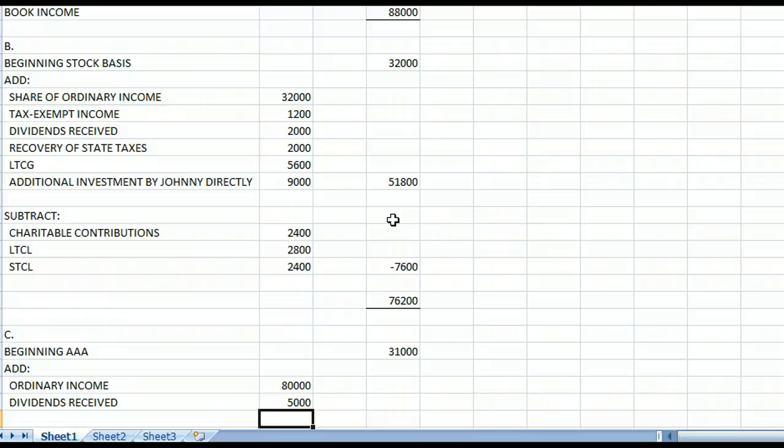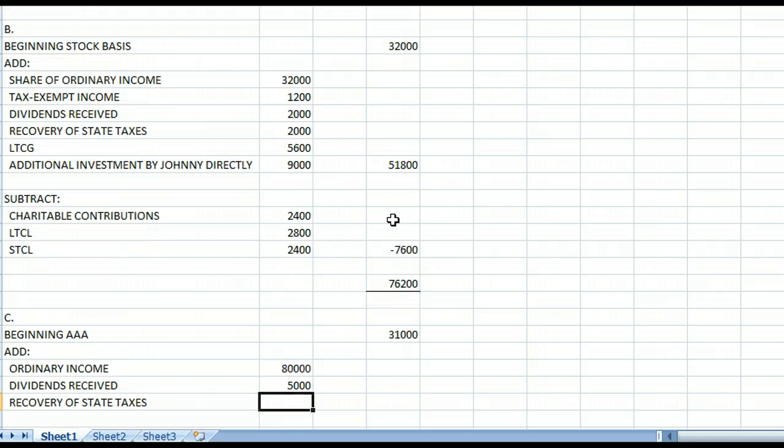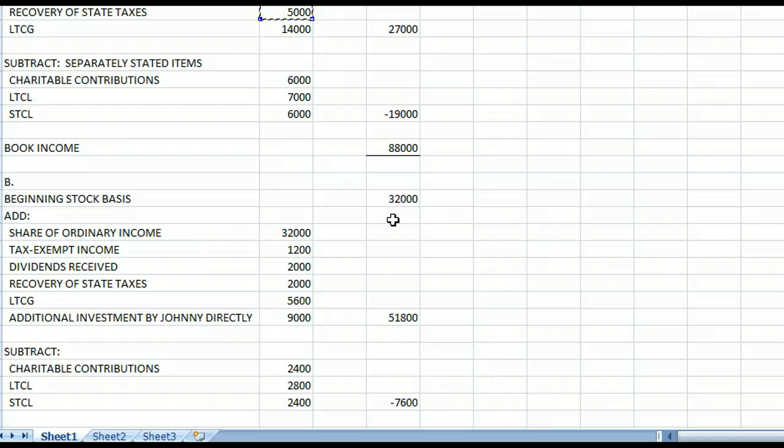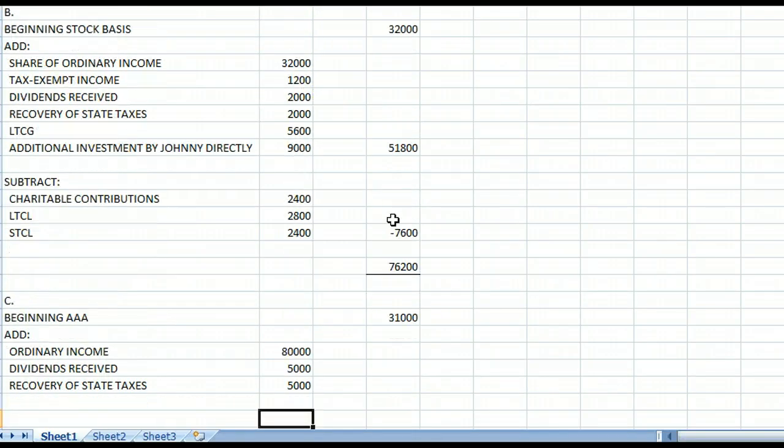the dividends received. We're going to also look at the recovery of state taxes. That's my refund of prior year state taxes. And we're going to pull those.